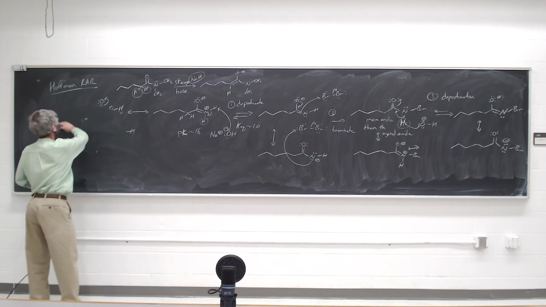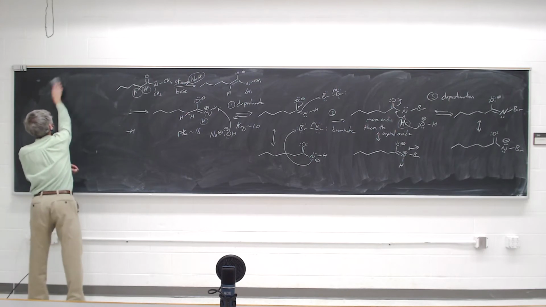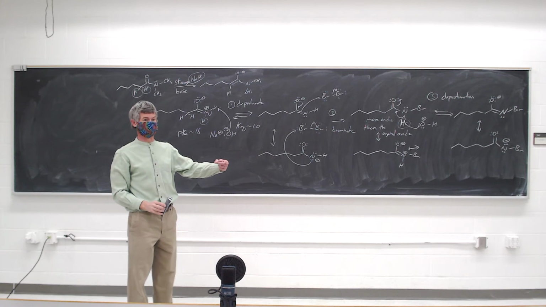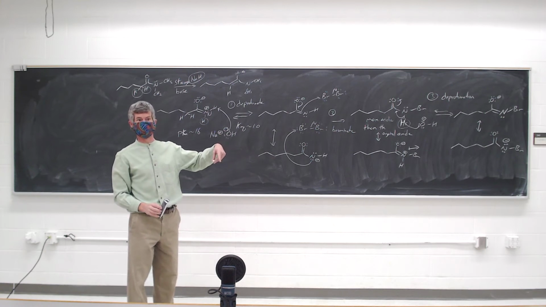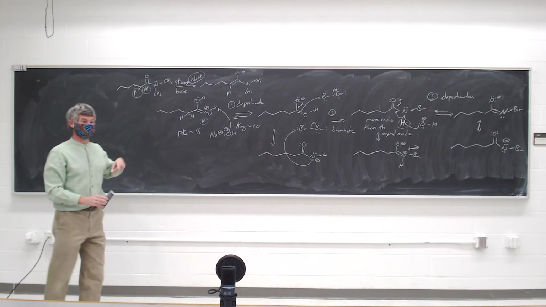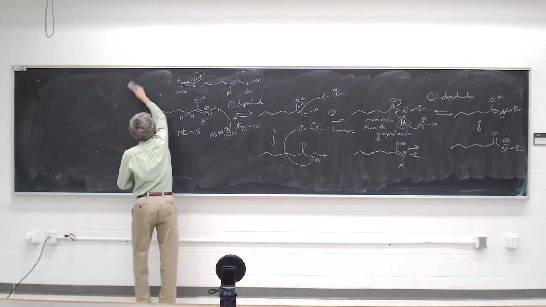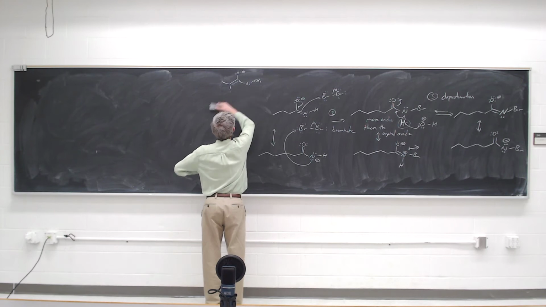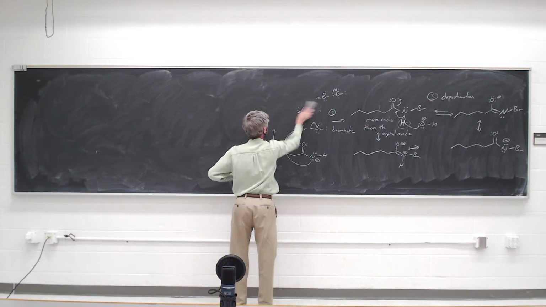What you might predict by analogy to previous reactions is that that nitrogen anion would now attack another molecule of bromine. You put a second bromine on the nitrogen. That's what would happen if it were carbon. But it isn't carbon, it's nitrogen.